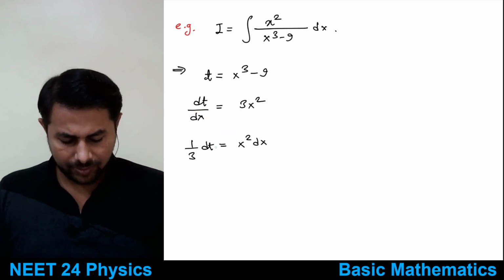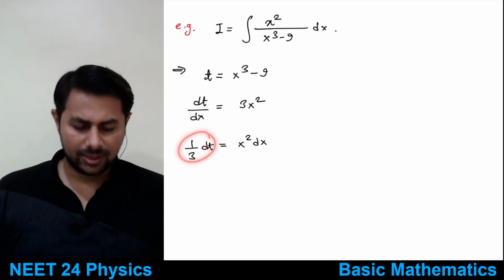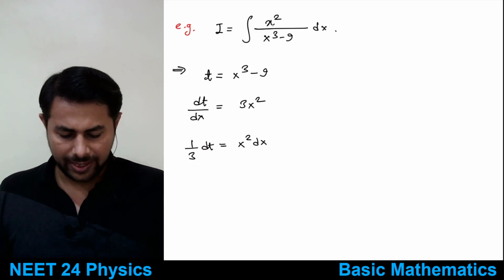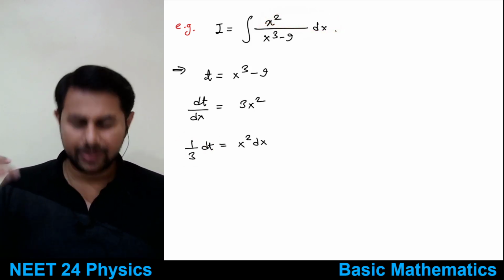So in place of dt you are having here 1 by 3 dt, right? So this x square dx becomes 1 by 3 dt.